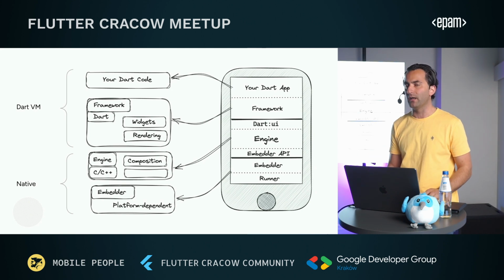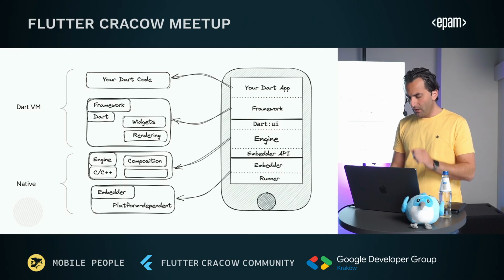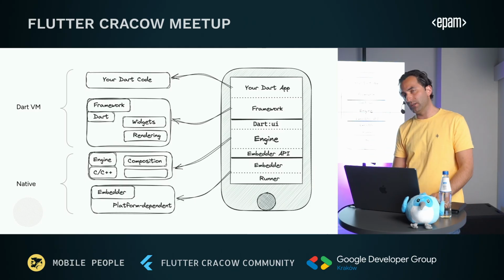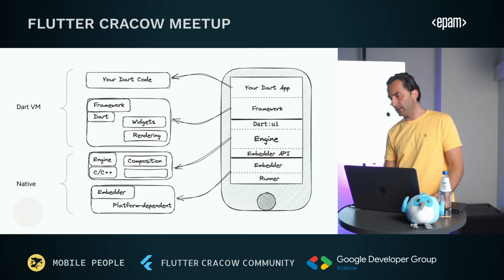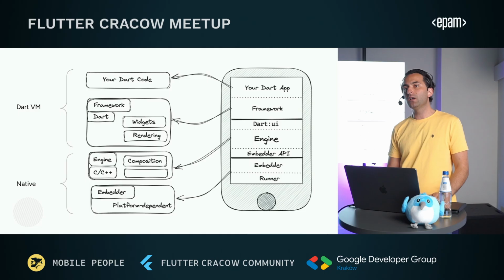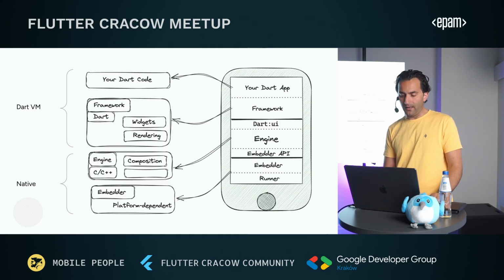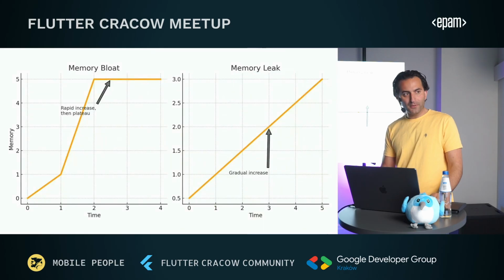Let's just clarify this. Today Dominic was talking about plugins and native code and so on. If you have such a problem in a native layer, that's something we're not going to talk about today.